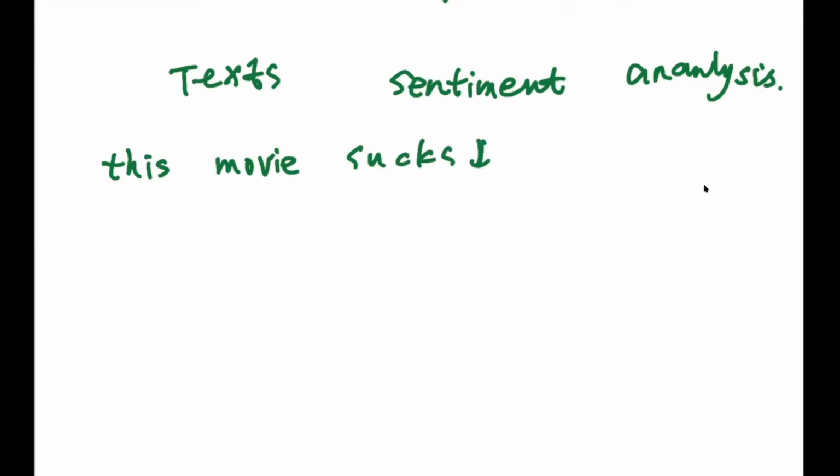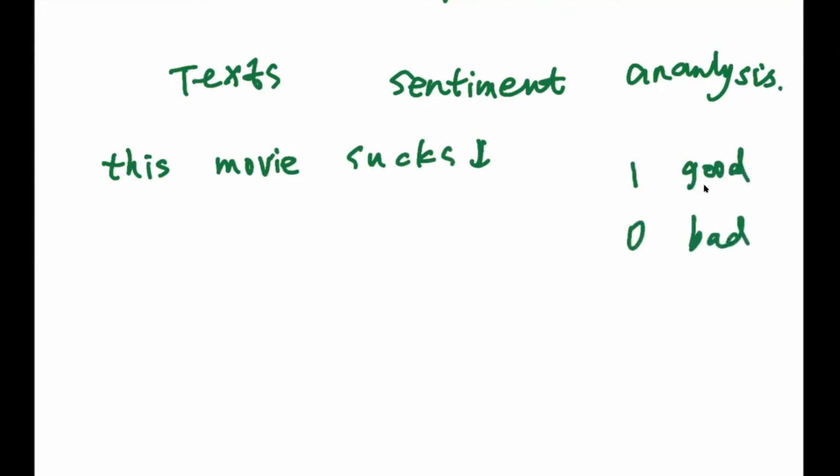So this kind of customer review, you will try to analyze and predict whether it's good or bad. For example, a binary label. Say 1 is for a good restaurant, or 0 is a bad one.